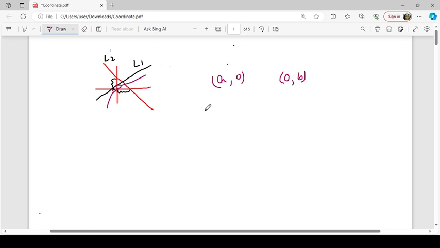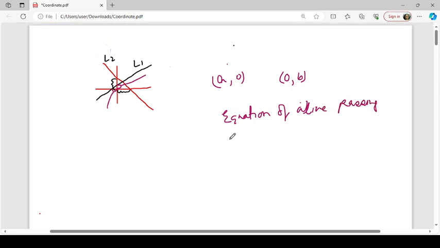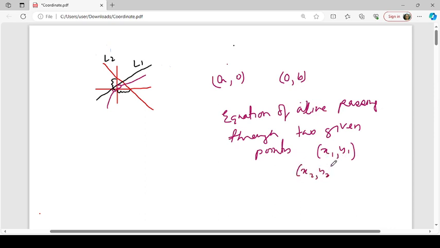Now, the equation of a line passing through 2 given points, say x1, y1 and x2, y2.